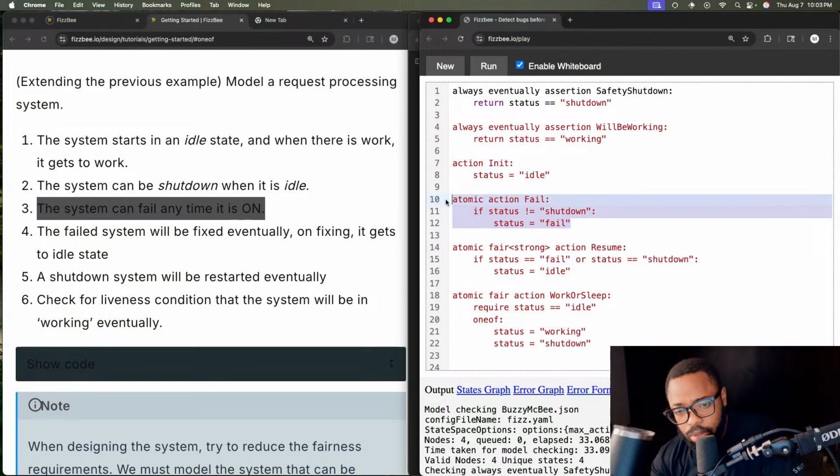So the weak fairness here will say if the system chooses to not be shut down indefinitely, then we must switch to fail, which I don't think is a thing that you practically want in such a system. And it says a system can fail, doesn't mean that it has to.